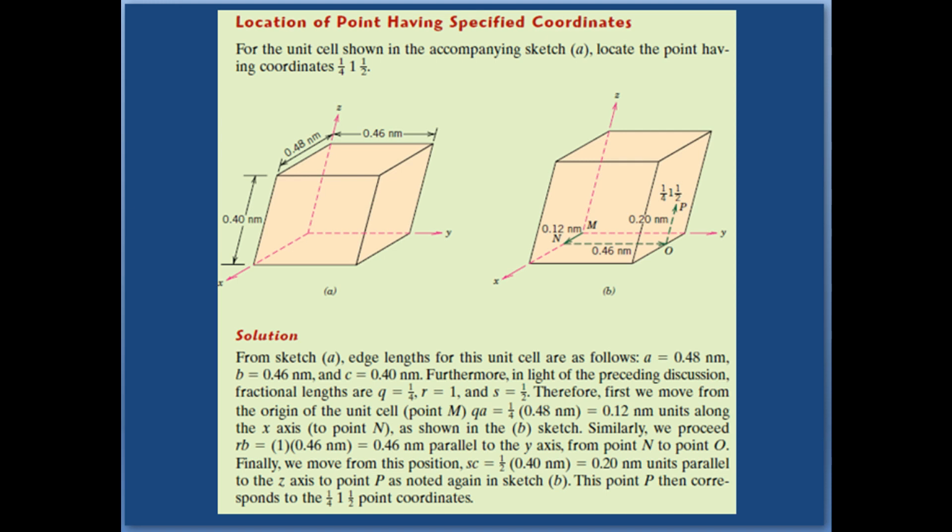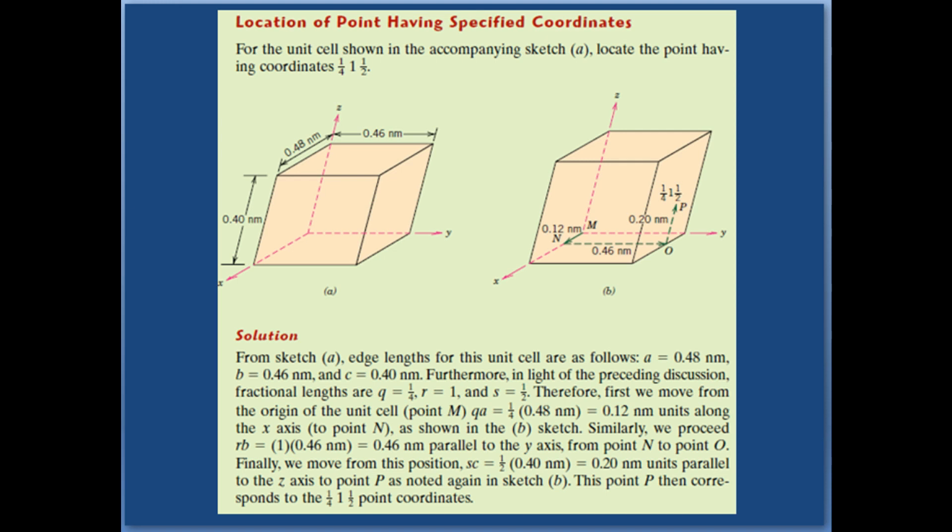Therefore, first we move from the origin of the unit cell, point M, shown in the figure. qa is associated with the x direction, so qa gives the value 0.12 nm along the x-axis to point N, as shown in sketch B. Similarly, we proceed for rb, that is 1 times 0.46 nm.